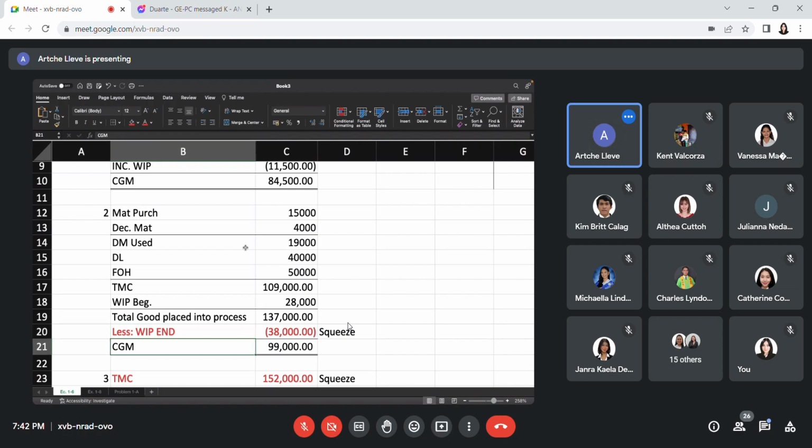Now, looking at the problem, we have already there the cost of goods manufactured, which is 99,000. So what amount will be in order for us to get 99,000? So therefore, this must be 38,000.